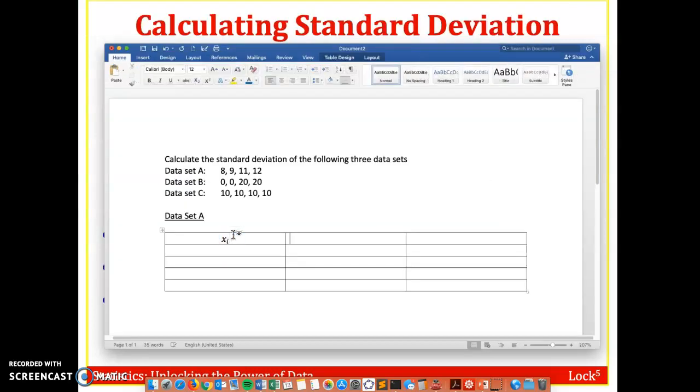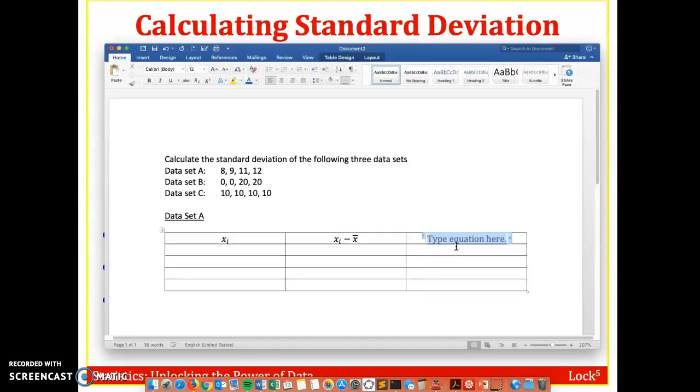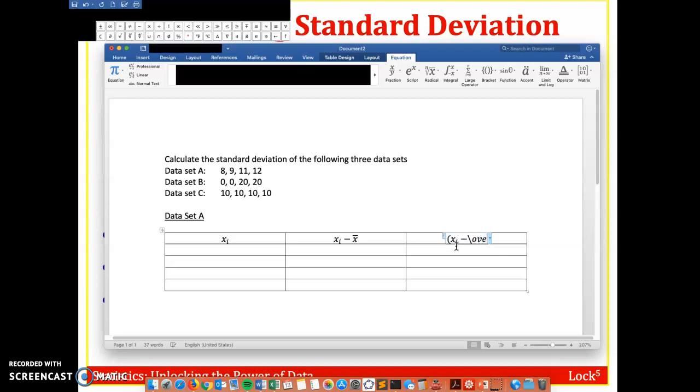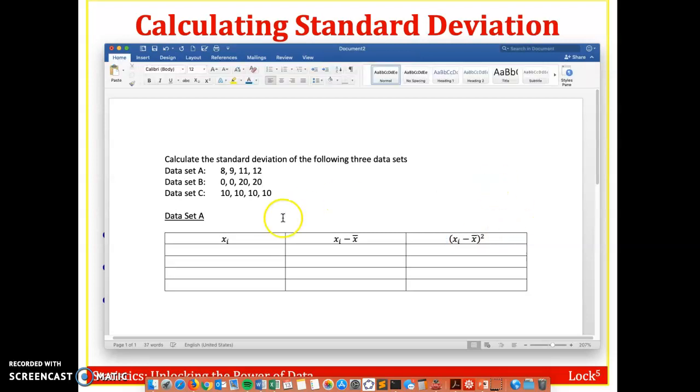I'm going to put all the data points in. I also want to figure out what is each data point minus the mean. How do they differ if we subtract from the mean? And then what I want to do is then take that value, the difference from the mean, and then square it.